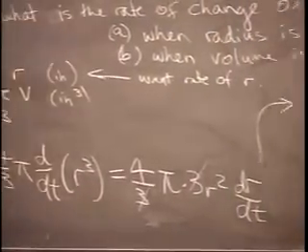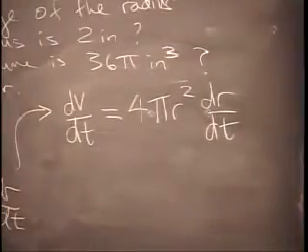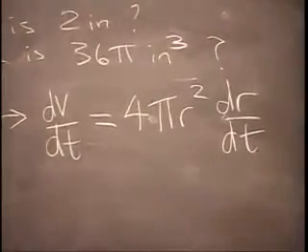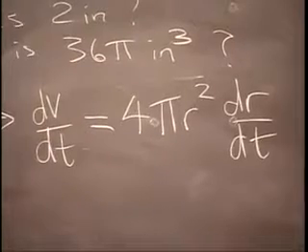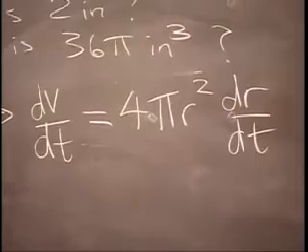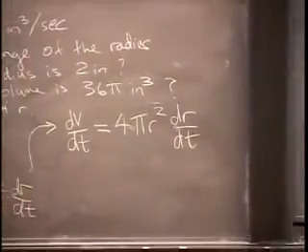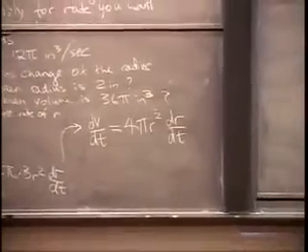Look at that 4 pi r squared. That's actually the surface area of the sphere. It's a bit of a coincidence. Maybe. Maybe not. Anyway, let's not speculate philosophically. Let's actually solve the problem.